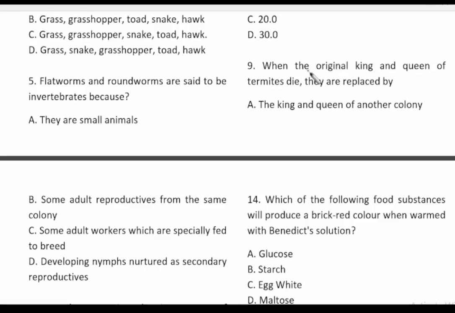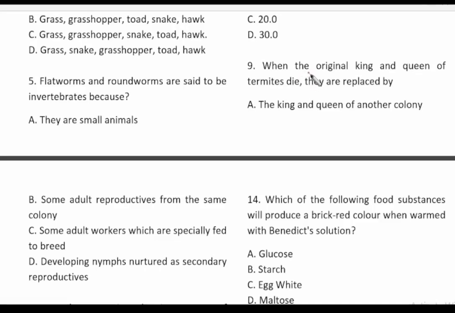Now in the termitarium, we usually have the queen and the king, which are the reproductives, which bring about multiplication of these colonies. Now in case of the demise of the king and the queen, or the king or the queen, what happens to the termitarium? The termitarium does not cease to exist.